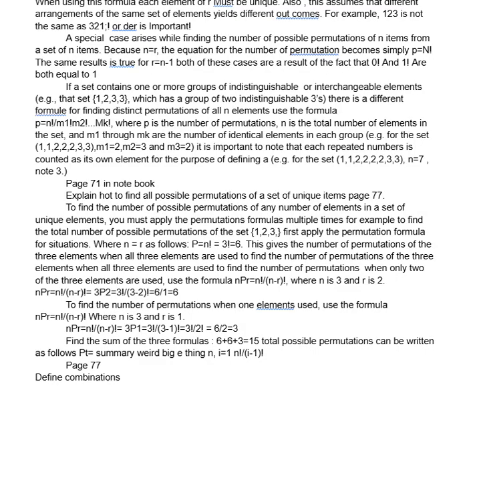Use the formula P equals, in the numerator, n factorial, crossing the vinculum into the denominator, m1 factorial, m2 factorial, through mk factorial, where P is the number of permutations, n is the total number of elements in the set, and m1 through mk are the number of identical elements in each group.